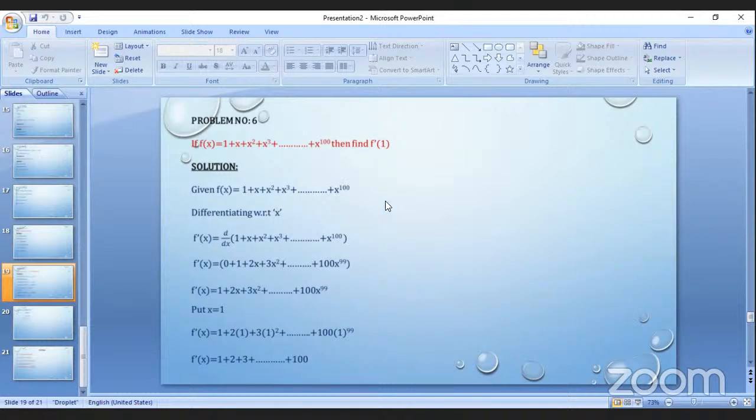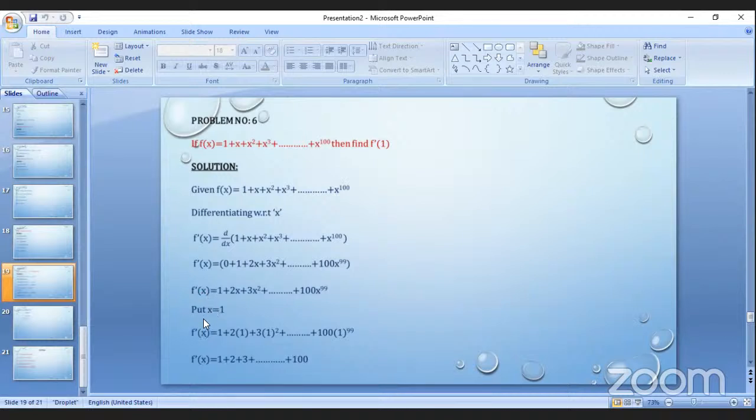Now we have to find the value of f dash 1. Put x equal to 1, that is, in the place of x we substitute 1.